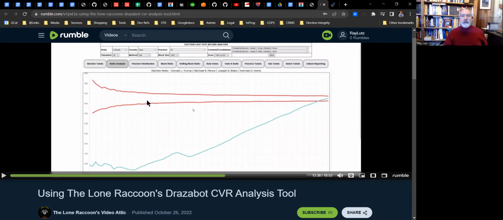And therefore, anything outside of that range will be due to some effect that we are looking for. When you see analyses like this, sometimes what they do is they'll take, say, the precinct number of an area.